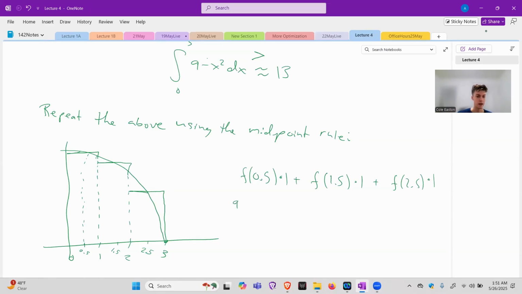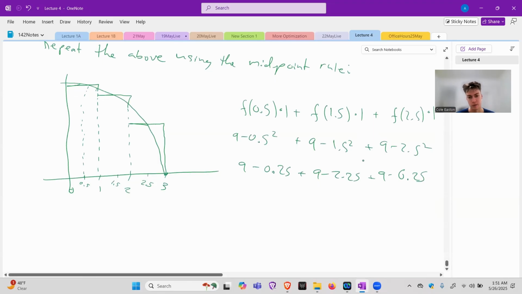And so we have 9 minus 0.5 squared plus 9 minus 1.5 squared plus 9 minus 2.5 squared. So we have 9 minus, and that's going to be a quarter, plus 9 minus 2.25 plus 9 minus 6.25.